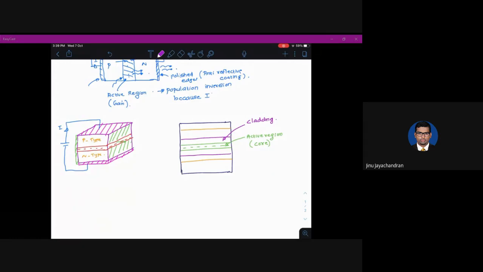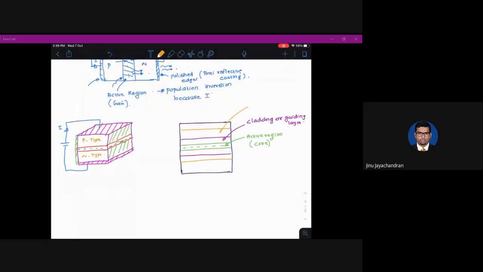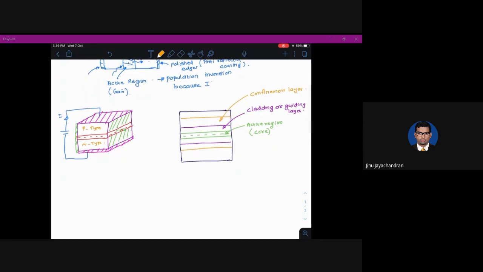This is called a cladding or a guiding layer. And the third layer, which is outside the cladding, is called a confinement layer. Okay, so from the name itself, everything is there.